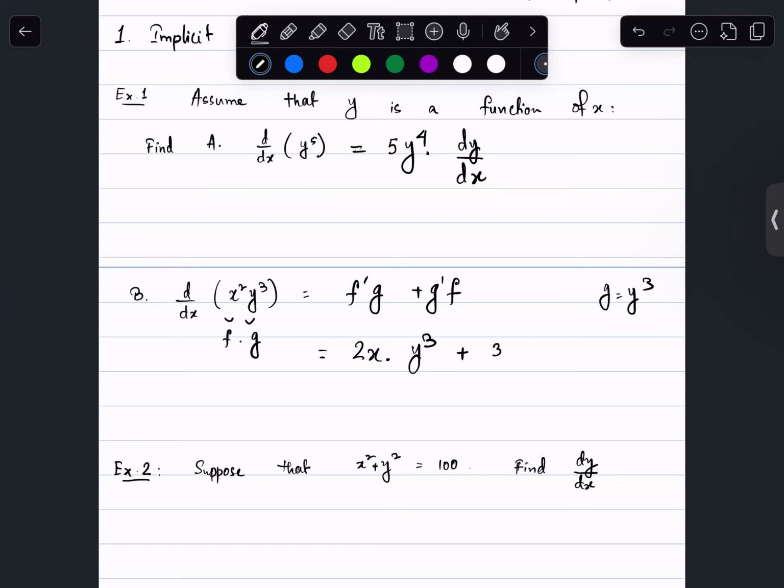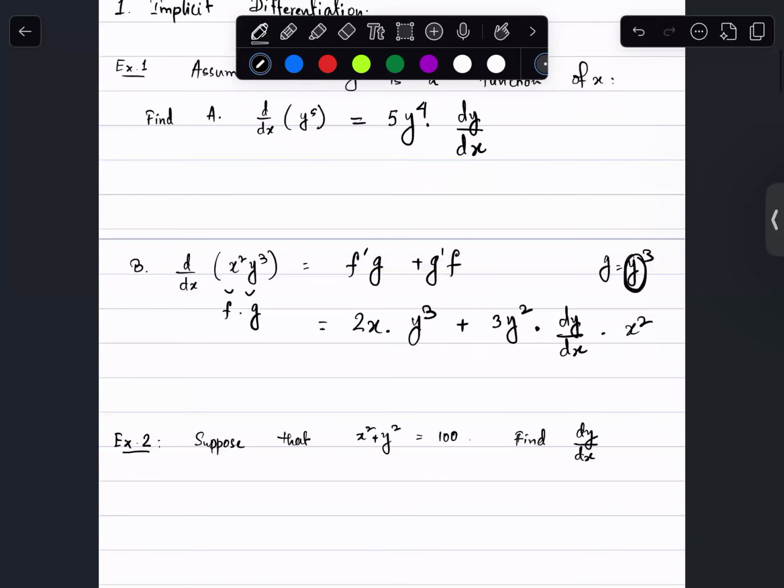Using the power rule, I get 3y squared, but then I have y and I'm doing differentiation with respect to x. That's why I should have dy over dx, right? And then I have f, which is just x squared. So you can think about this as the derivative of the inside function, right?